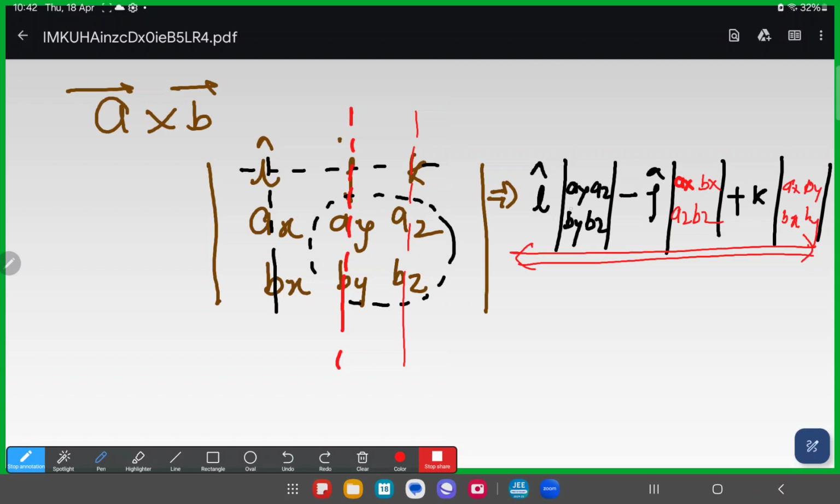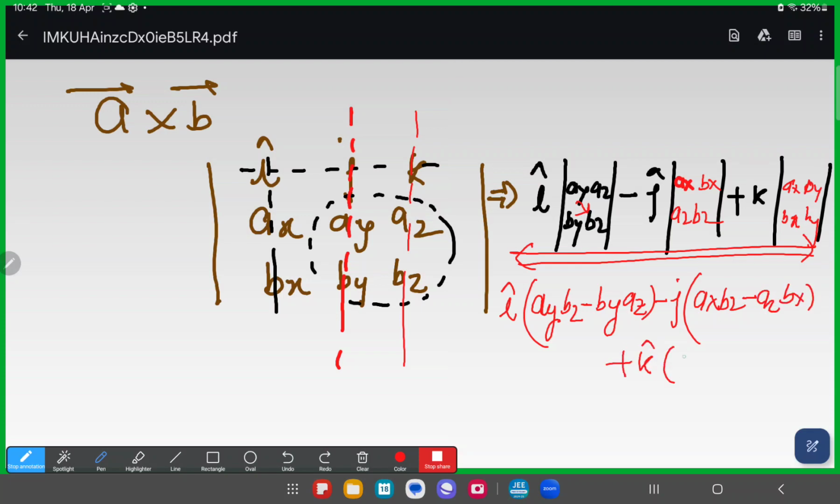If you solve it, it will be I times (AY BZ minus BY AZ) minus J times (AX BZ minus AZ BX) plus K times (AX BY minus BX AY). So this is the expansion through which you can get the vector cross product.